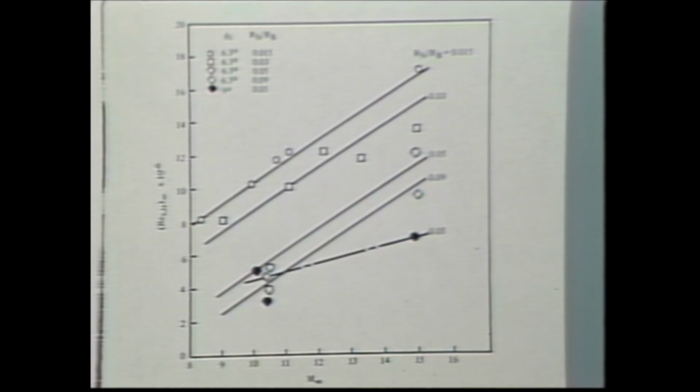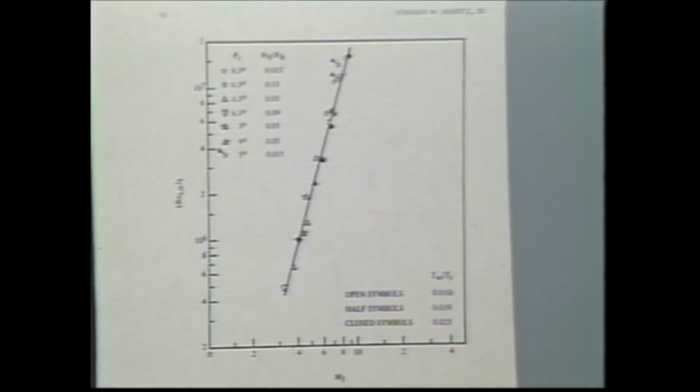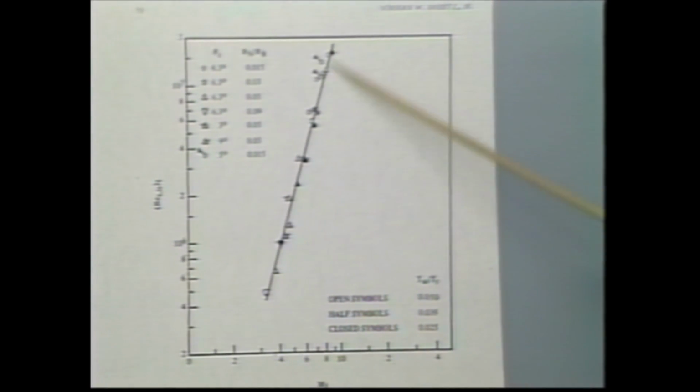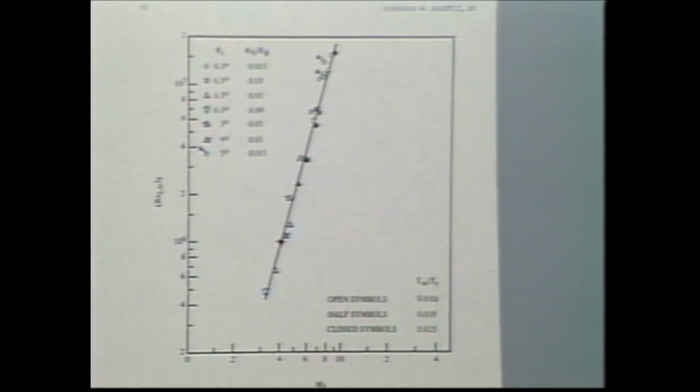Now, he also came to another interesting realization, which was when he stopped referencing his conditions to the flight Mach number and started referencing to the conditions of the local Mach number, that is the Mach number on the surface of the model, all of his data collapsed onto one line. And in fact, this line scales approximately with the 3.7 power of Mach number.